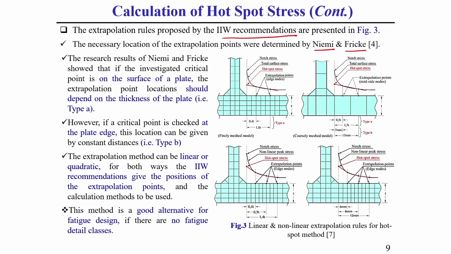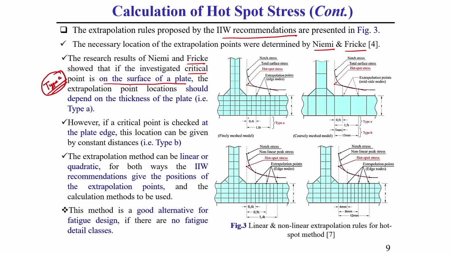According to the research results of Niemi and Fricke, if the investigated critical point is on the surface of the plate, that means if it is a type A critical point, then the extrapolation point location should depend on the thickness of the plate. That means for a type A critical point, the extrapolation point is dependent on the thickness of the plate. This you should keep in mind.